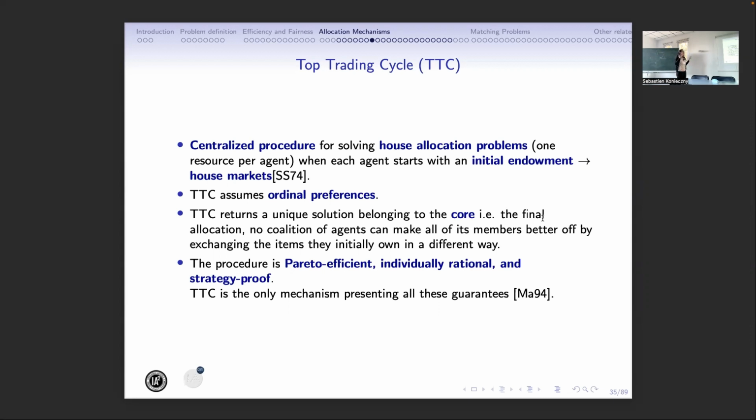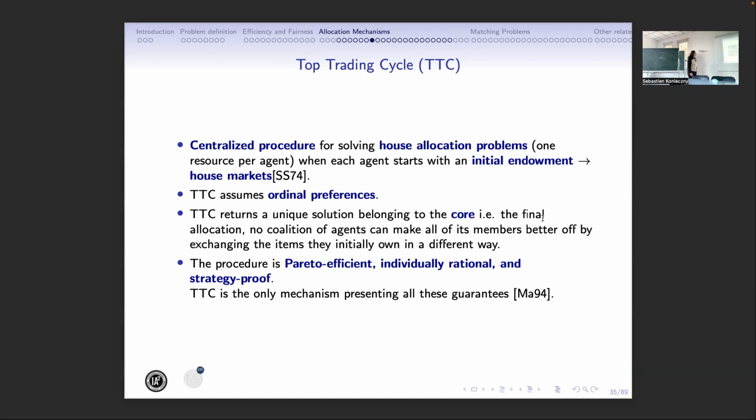And we start with an initial endowment, so it means that each agent initially has a house, and they can exchange their houses. As we will see later, house allocation problems with initial endowments correspond to house markets.